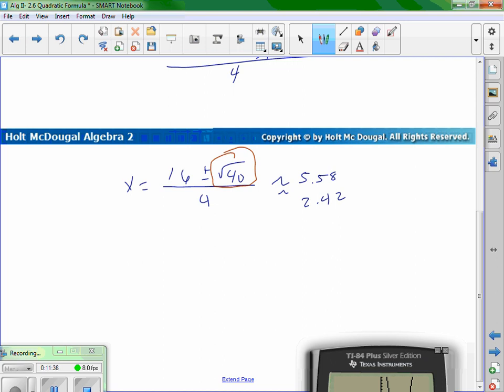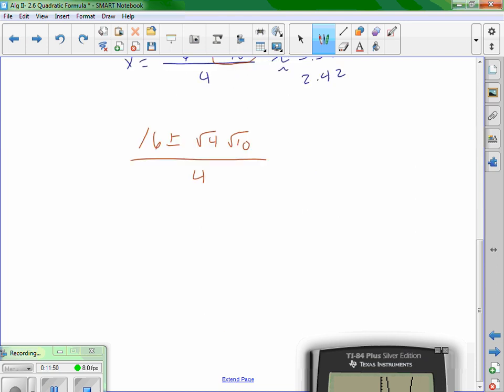What does 40 really mean? Plus or minus square root of 4 times the square root of 10. What's the square root of 4? 2. So what this really means is 16 plus or minus 2 square root of 10 over 4.